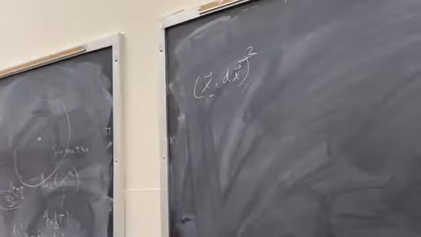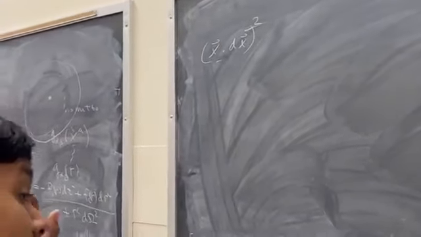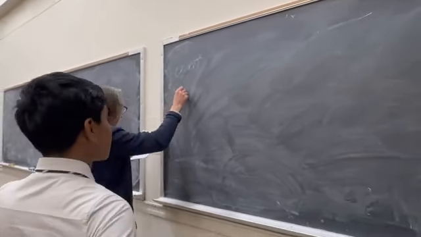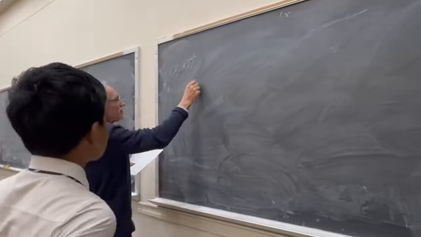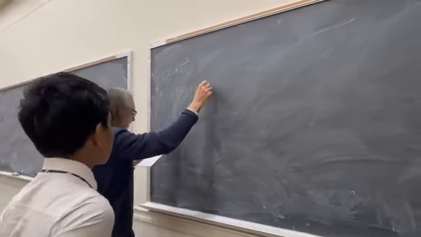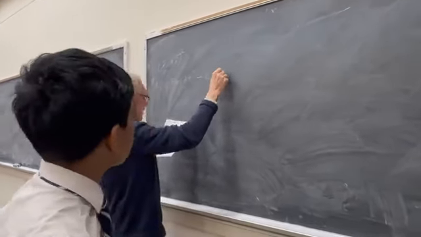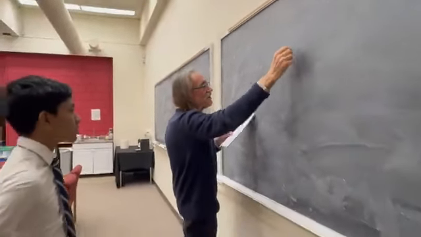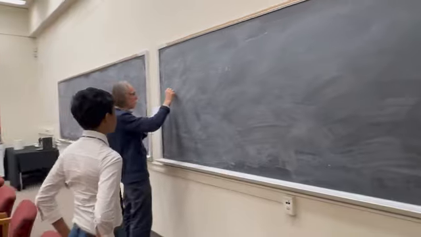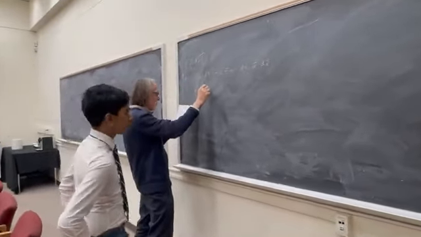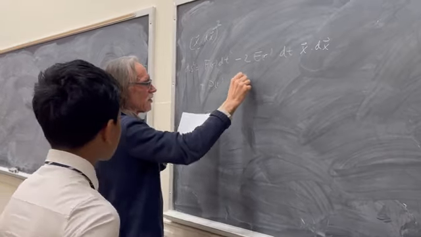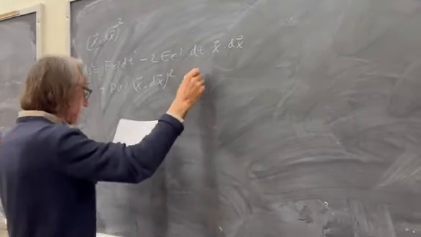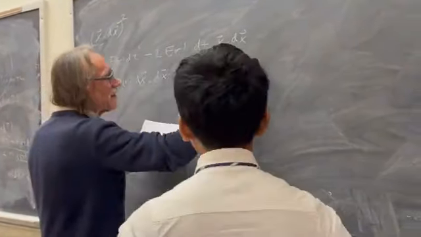So the full dependence is in fact, I call this f of r times dt squared minus 2 e of r times dt times x dot dx plus d of r times x dot dx squared plus c of r times dx squared.